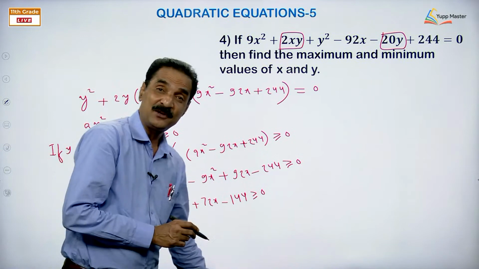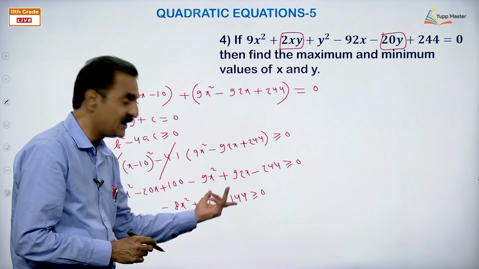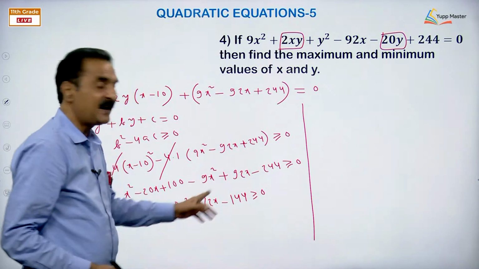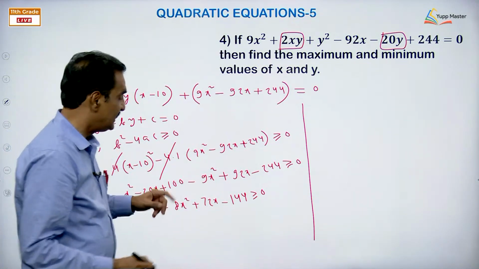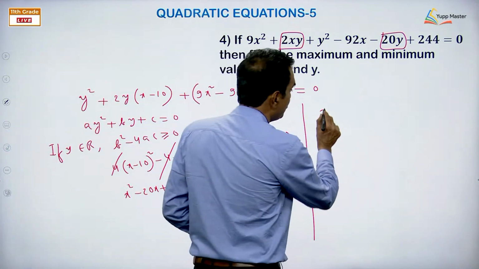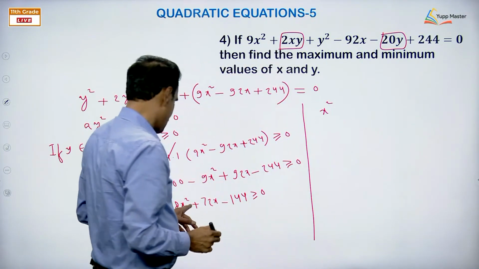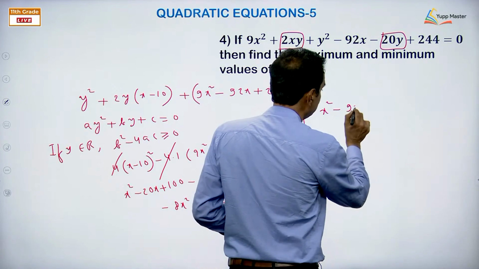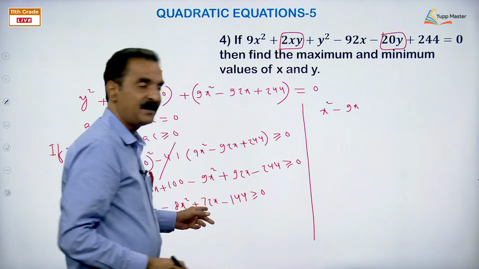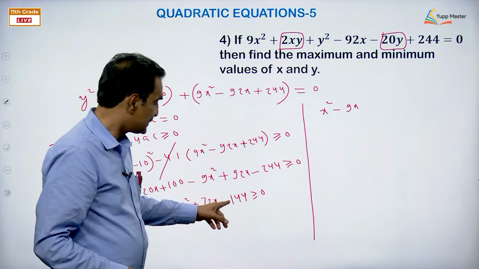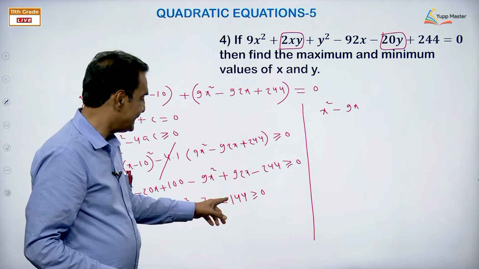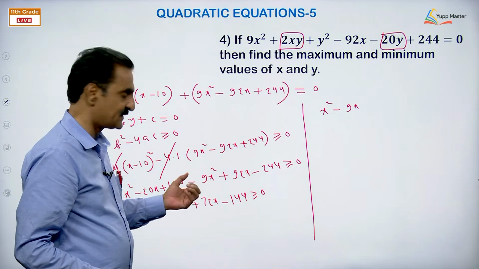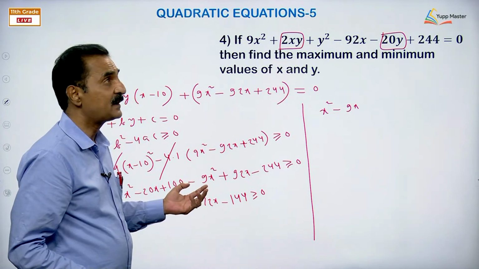Whenever you divide by a negative number, the inequality will change. So, what will you get? Dividing by minus 8, x square minus 9x, 8 9s are 72. Next, dividing by 8, how much will you get? 36, not 18.